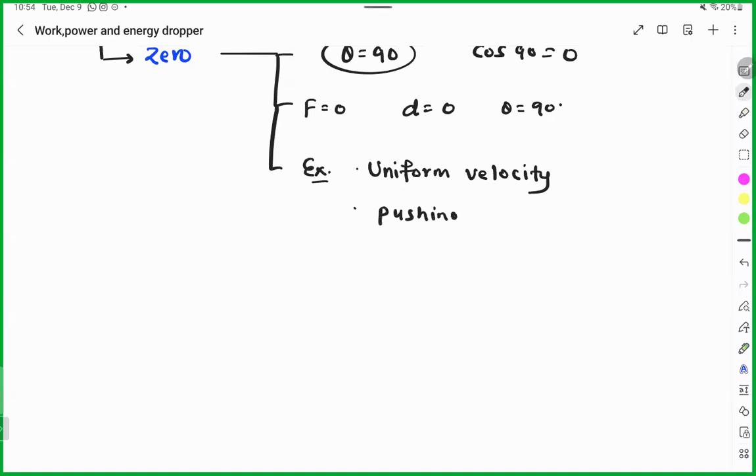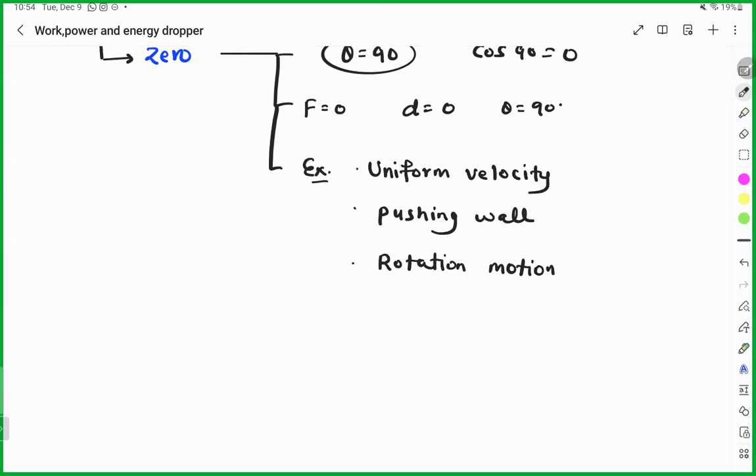Any other example, Sarah? Pushing a wall, sir, because displacement is zero in the case of pushing a wall, right? Pratigya, any other example? Any body that has rotational motion, because displacement will be zero, correct?